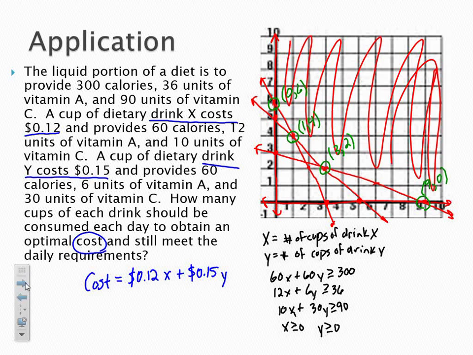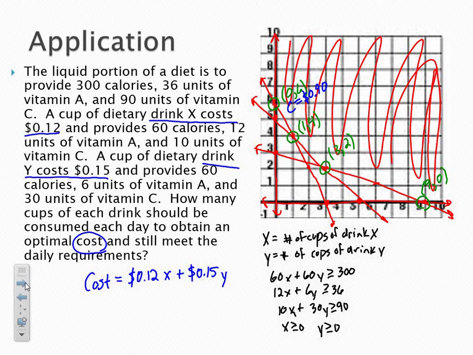All right, so if we just take these 4 vertice points and plug them in to our cost equation, what we're looking for here is the minimum cost, right? If we optimize costs, we're going to keep costs the lowest that it can possibly be. So if we plug 0, 6 in, we'd come up with 90 cents.